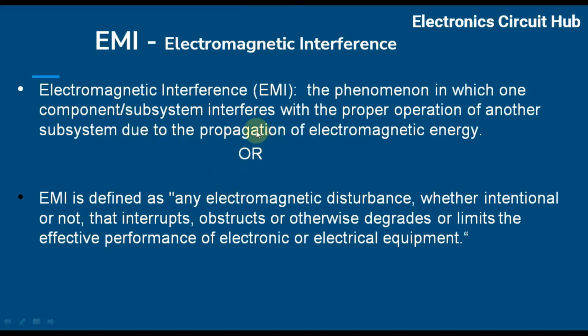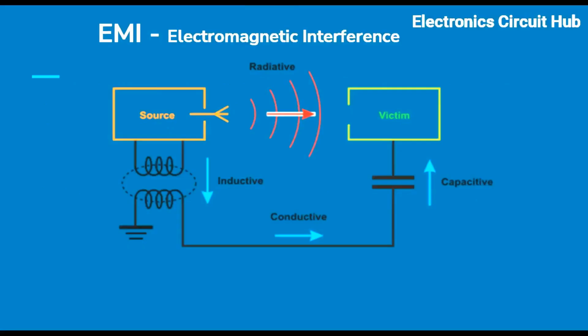Or in other words, EMI is defined as any electromagnetic disturbance, whether intentional or not, that interrupts or obstructs or otherwise degrades or limits the effective performance of electronic or electric equipment. That is called EMI, electromagnetic interference.